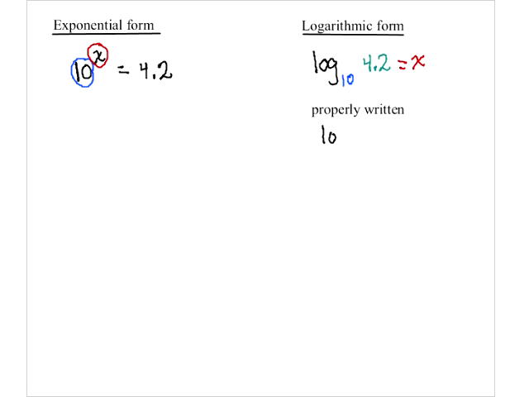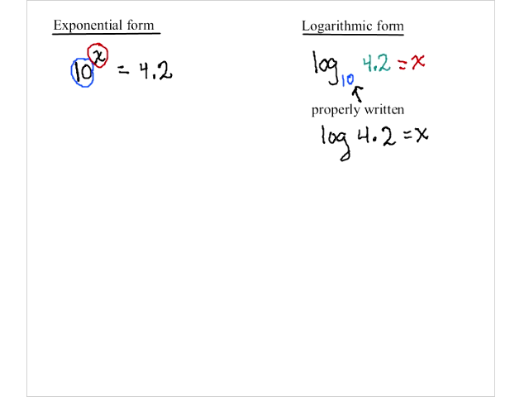Properly written, that would just be log of 4.2, and that equals x. That would be the proper way to write that, because when it's base 10, we don't really need to include that base. It's understood to be base 10 when we write log with no base.